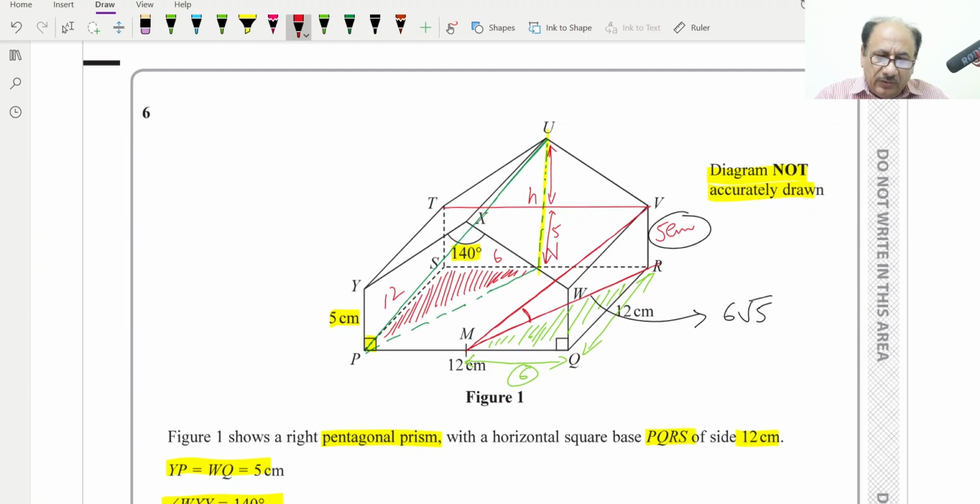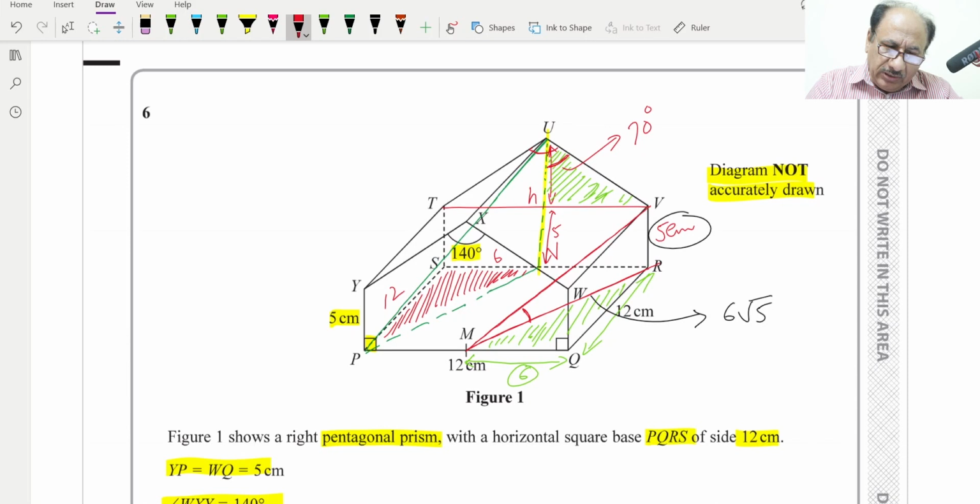For that, we can consider this triangle, and in this triangle we are interested to find the additional height. So we will consider this angle, and this angle is 70 degrees. Why is it 70 degrees? Because 140 is provided for this whole angle, so half of this will be 70.